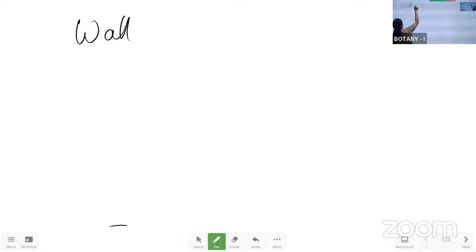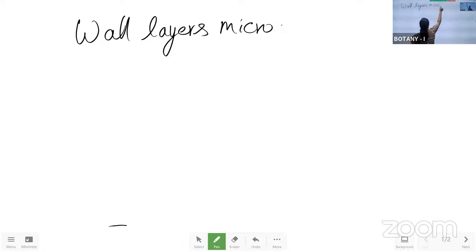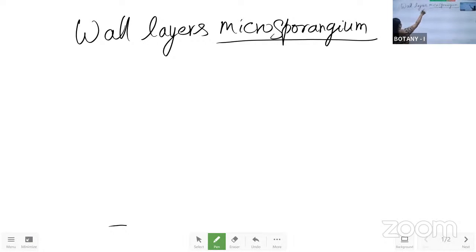Wall layers of microsporangium. This microsporangium is present in the anther lobe of the anther in the flower itself.